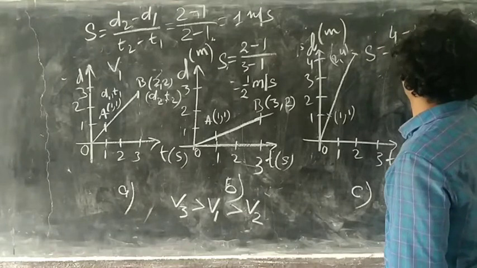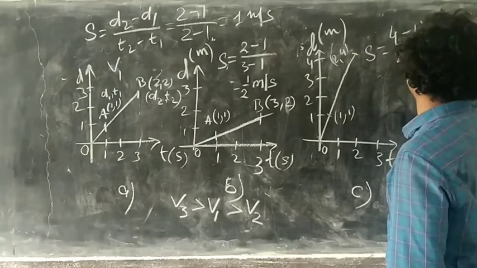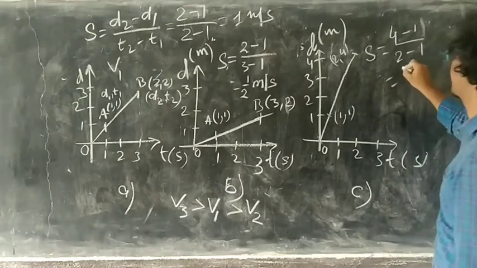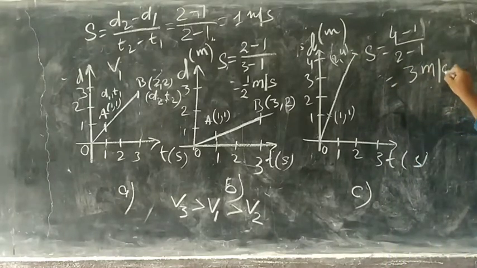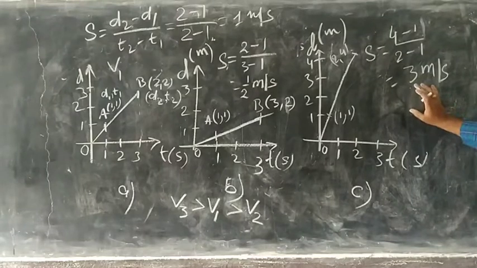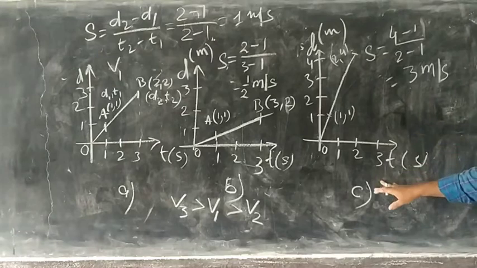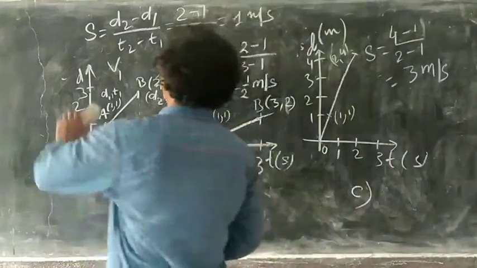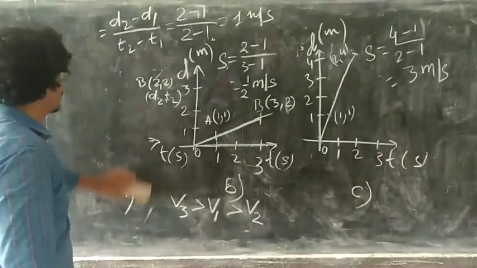So 4 minus 1 by 2 minus 1. So you will get 3 meters per second. So this is the speed of the object whose graph is shown in graph C. So this is the way you can find it.